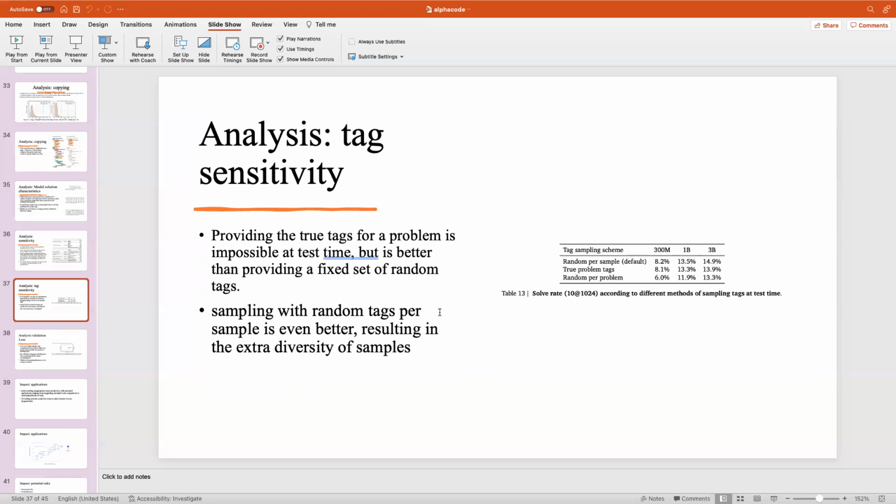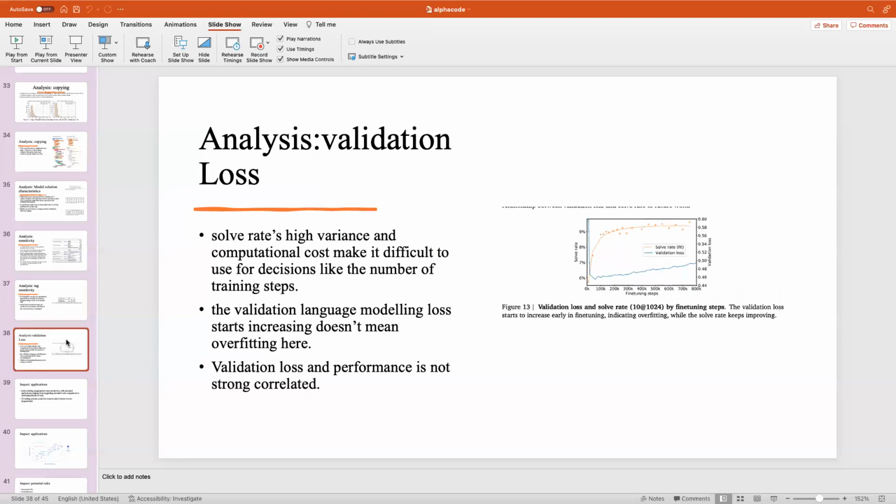Actually, they found sampling with random tags per sample is even better than using true problem tags. So they claim the performance improvement comes from the extra diversity of samples. So I guess that explains why using a large sample budget will help the solve rate.